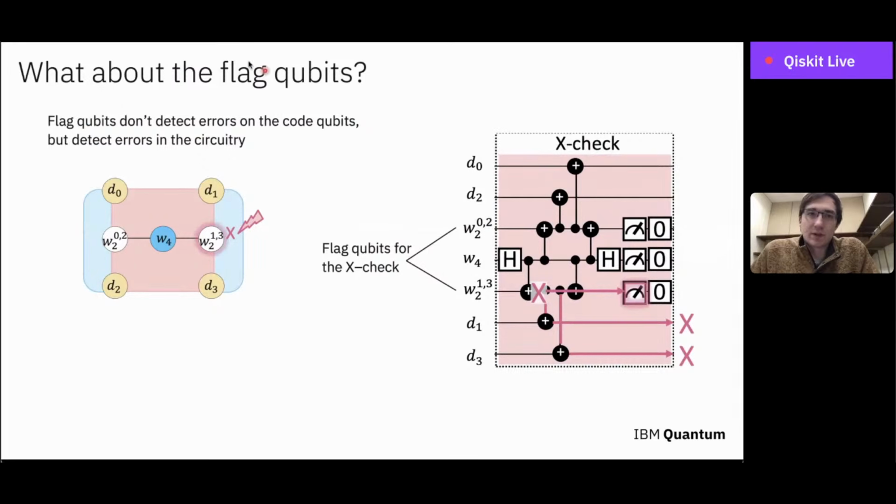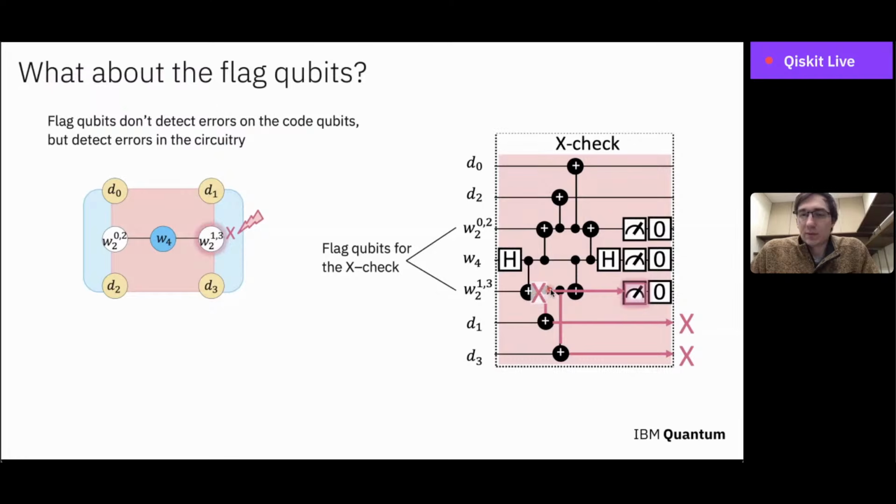So actually what these flag qubits do is they detect errors in the circuitry. In quantum, we can have errors both on the data qubits, but also on the other qubits as we're measuring the parity checks. So let's say we have an X error here on one of the flag qubits, and it occurs at this point in the circuit.